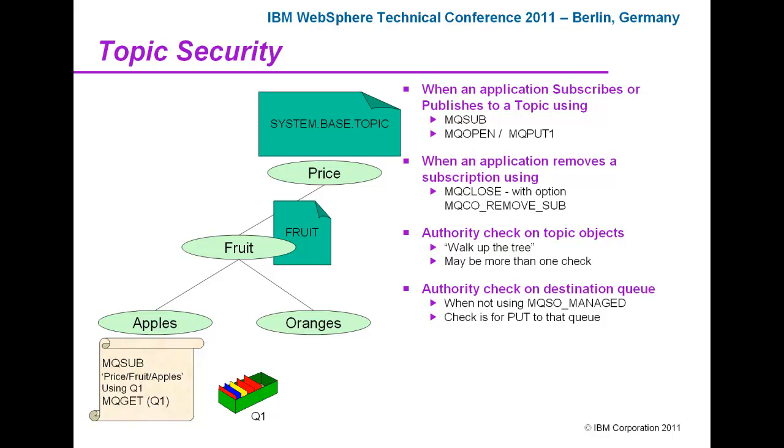So why is this? Well, imagine that I have made the subscription and I do not have access here. If we were to take the lack of access to be a denial, and bear in mind MQ has a permit model, not a deny model, if we were to take the lack of access as a denial, but I had access at the top, I could just remake my subscription at price/wildcard and still get the same messages, so there'd be very little point.